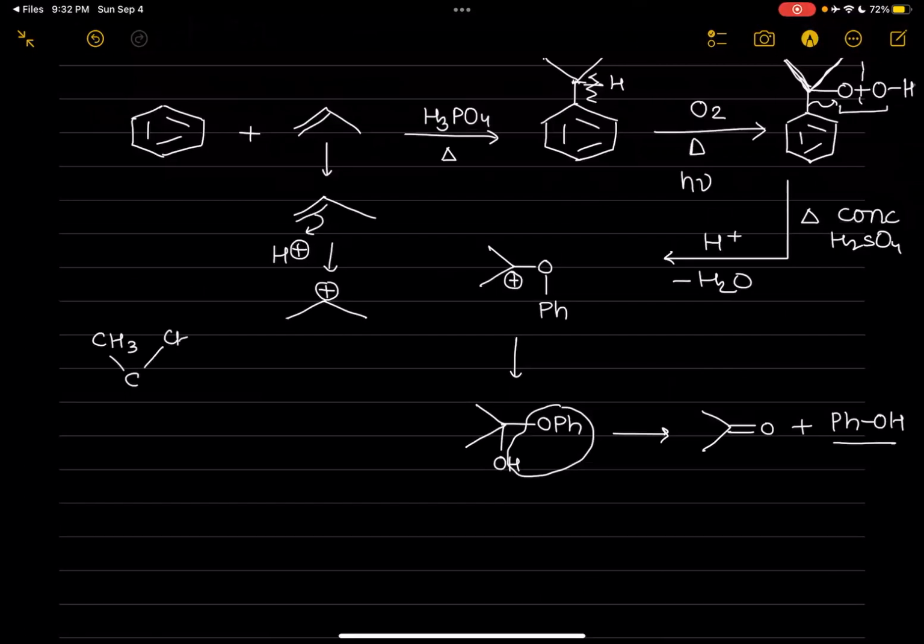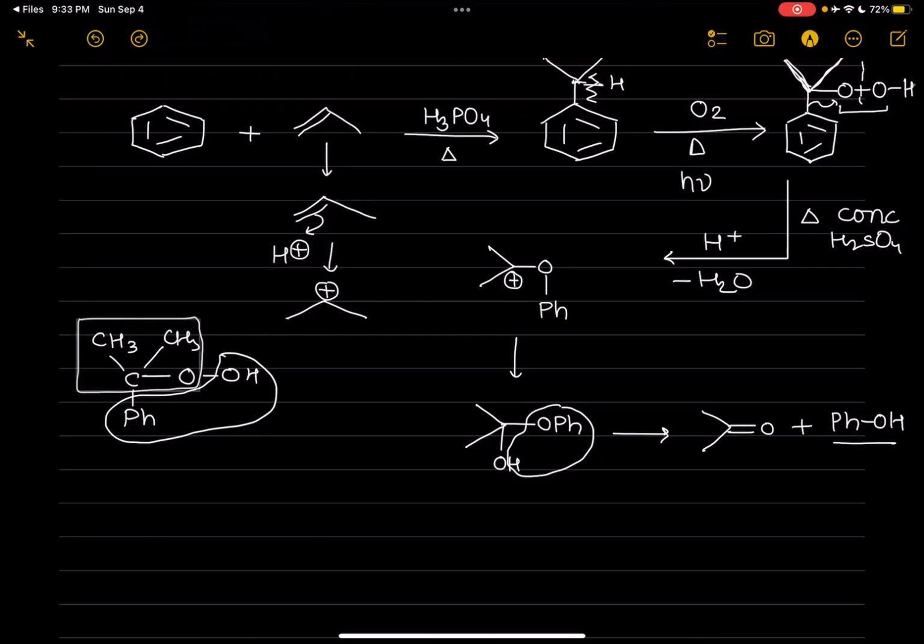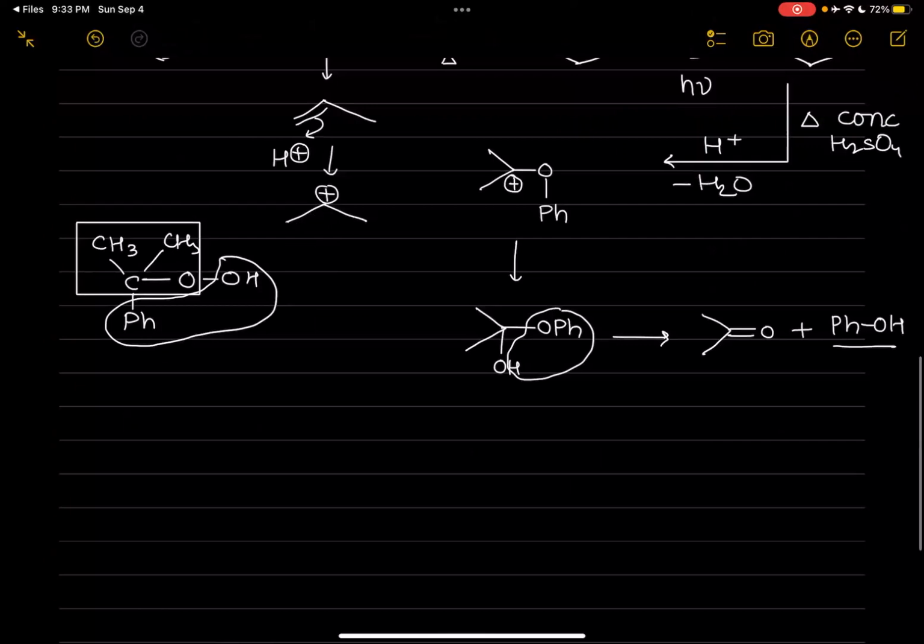Okay, this is isopropyl and this is benzene. You take PhOH out of it. Okay, and the remaining portion which you get is acetone. Okay, so what you get is phenol plus acetone.